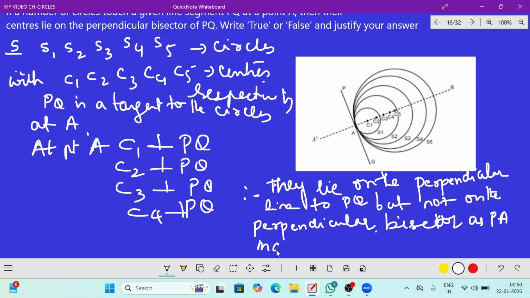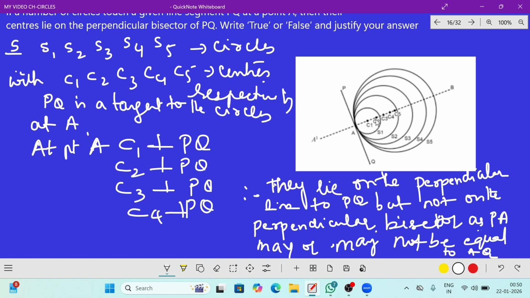PA may or may not be equal to AQ. Means we need to say that no doubt these are all perpendicular to PQ.